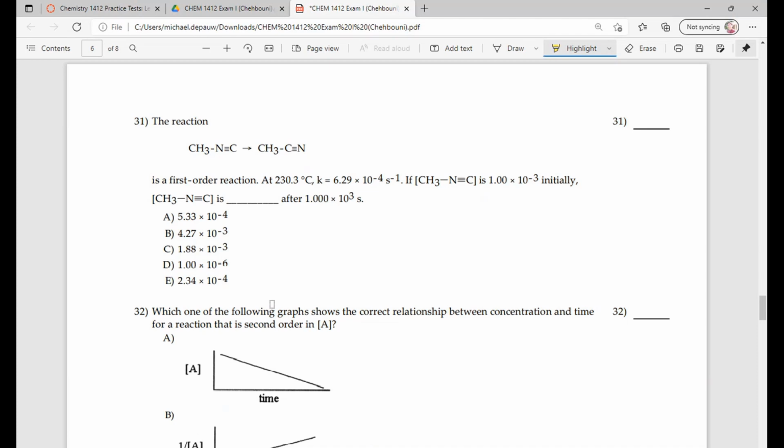So whenever you have changing concentration, you're probably going to end up needing, I mean, you could use an ICE chart, but in this case, it wouldn't really make sense. Whenever something involves changing concentration with respect to time, you're really dealing with the integrated rate law.